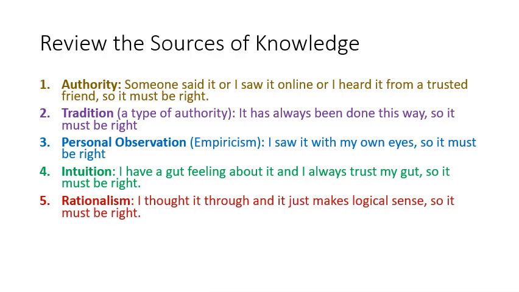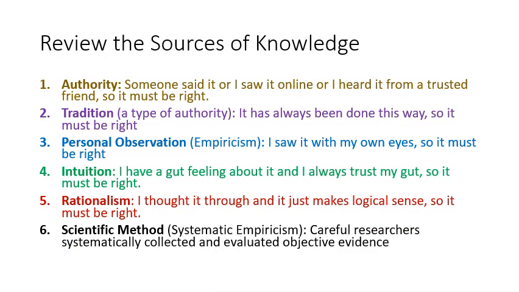Rationalism: I thought it through and it just makes sense, so it must be right. Versus what we're talking about today, the scientific method, which we're calling systematic empiricism. Careful researchers systematically collecting and evaluating objective evidence. Objective meaning it's the same no matter who looks at it.